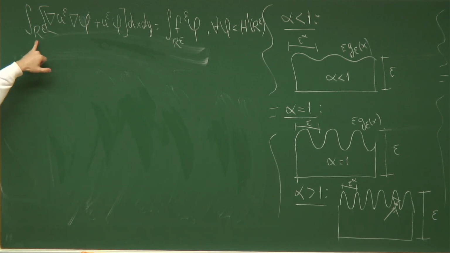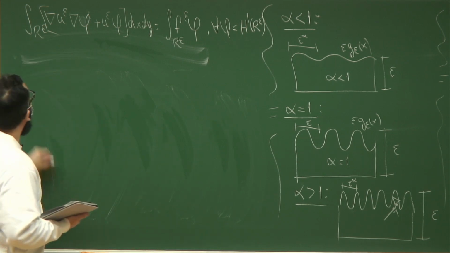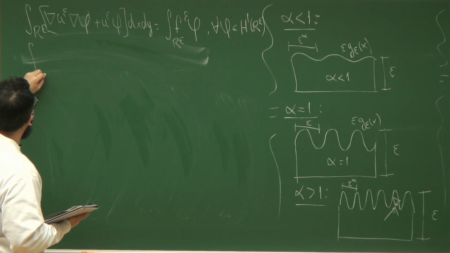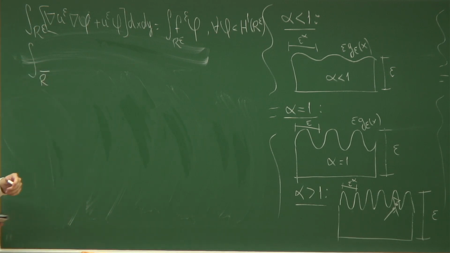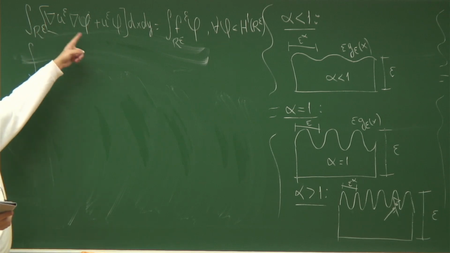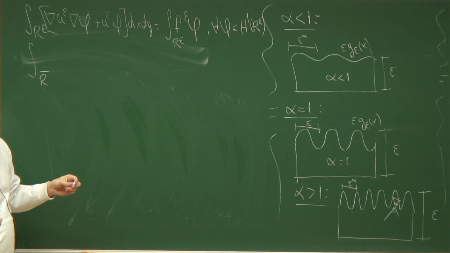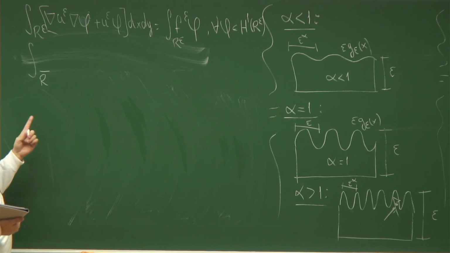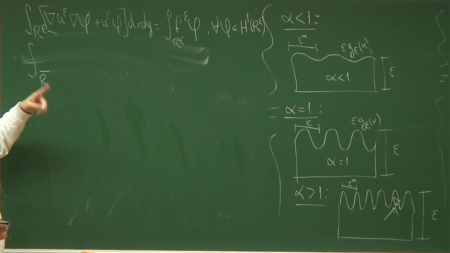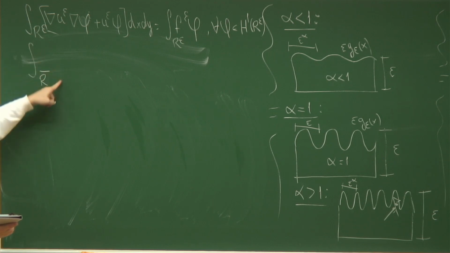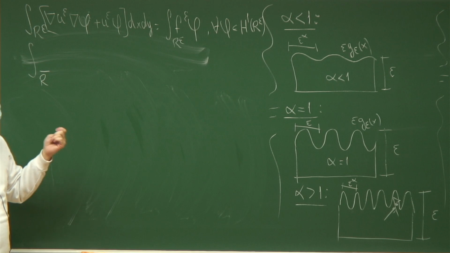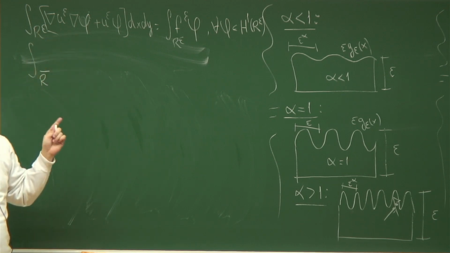We have to find some way to fix the domain to some, let's say for now, R bar, which will obviously affect somehow the solutions and the test functions of our problem. And then, of course, since the domain of the integral is fixed, we can pass to the limit, but we have some price to pay.